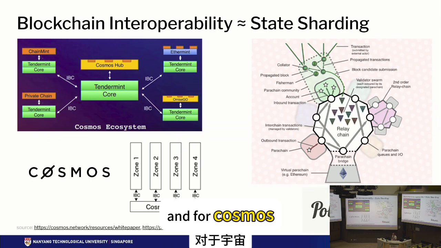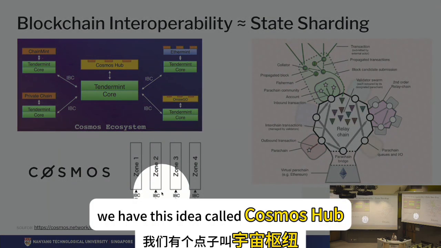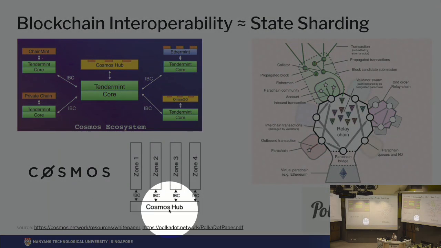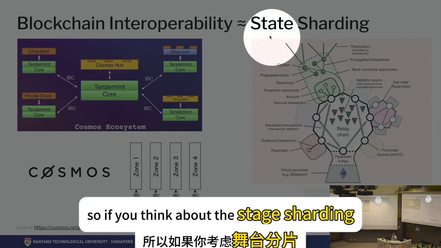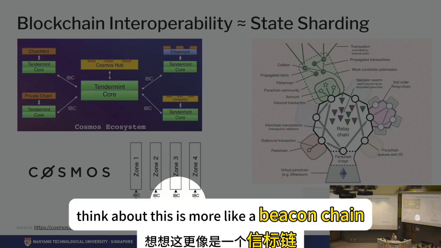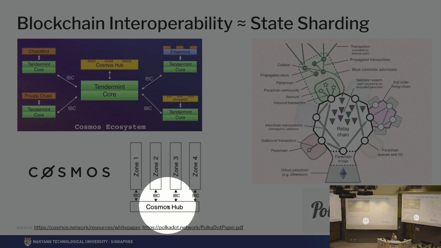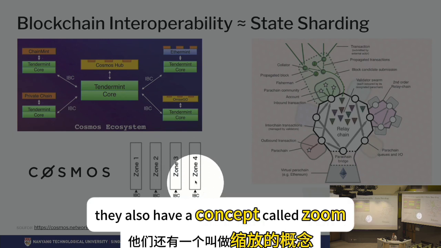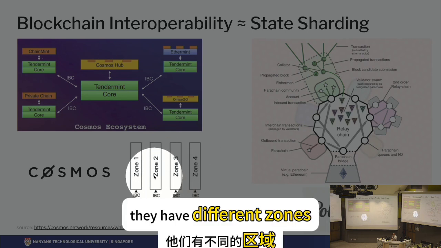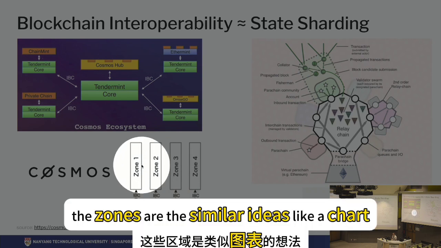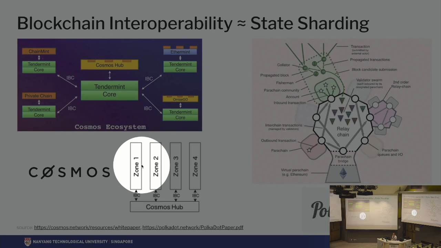For Cosmos, they have this idea called Cosmos Hub. If you think about state sharding, think of this as more like a beacon chain. They also have a concept called zones. The zones are a similar idea to a shard chain.